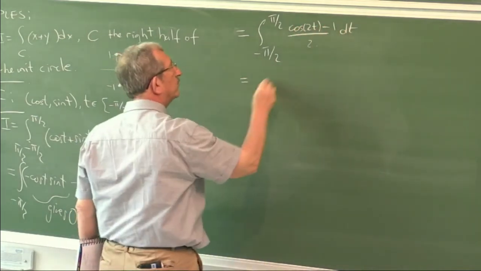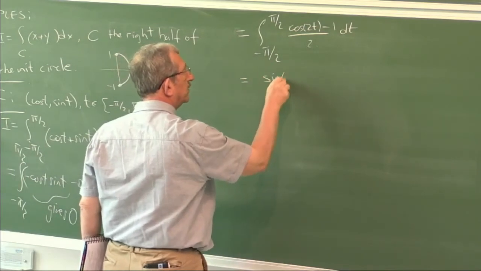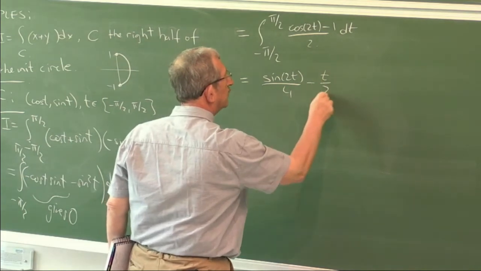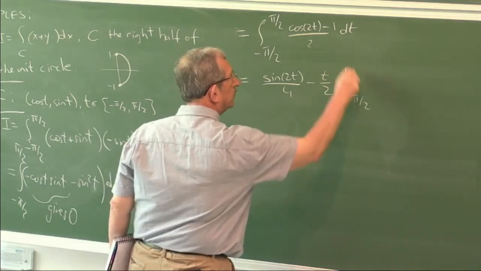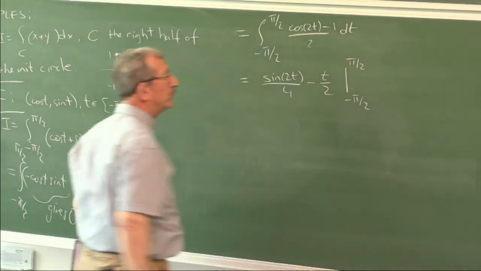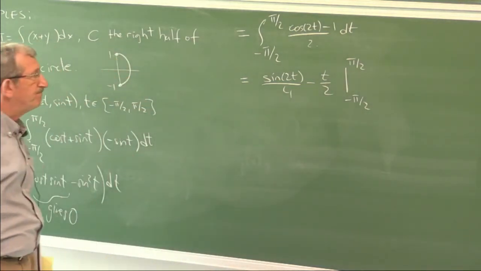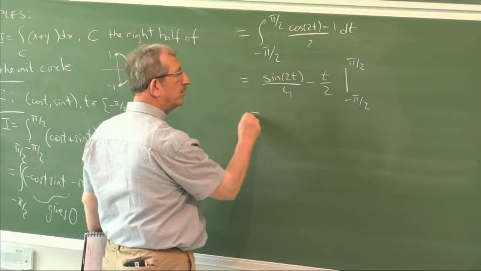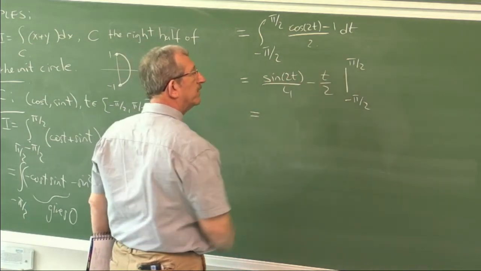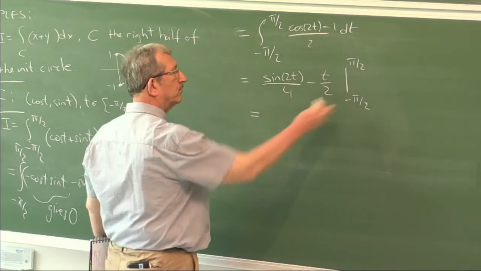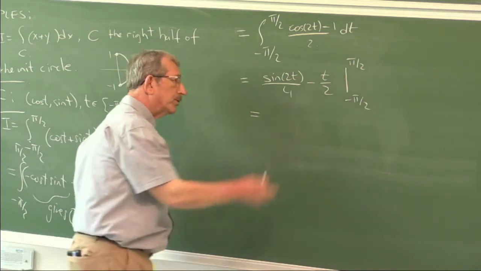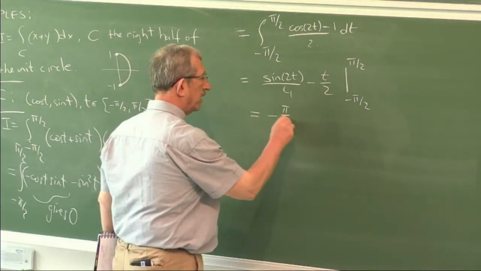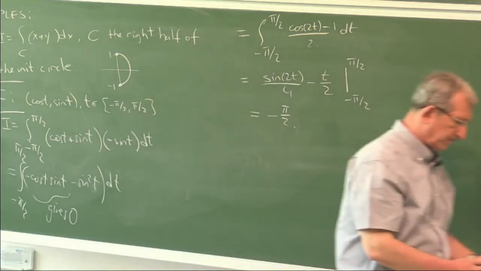And the integral would give us sine 2t over 4 minus t over 2, from minus pi over 2 to pi over 2. Well, this 2t makes everything 0. So we only have here pi over 2 minus minus pi over 2, and so that would give us minus pi over 2. Hope I did it correctly.